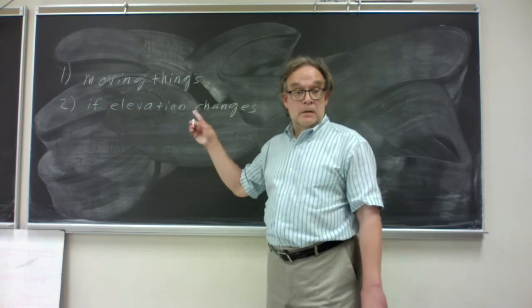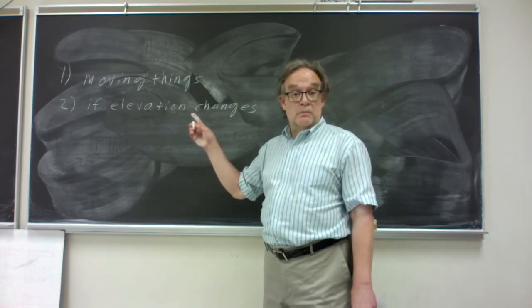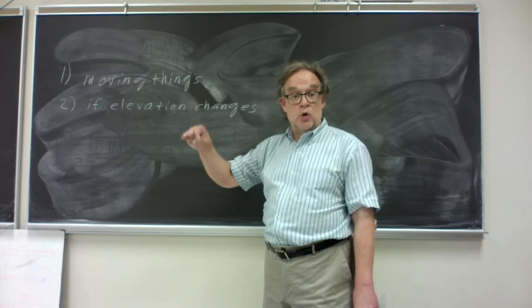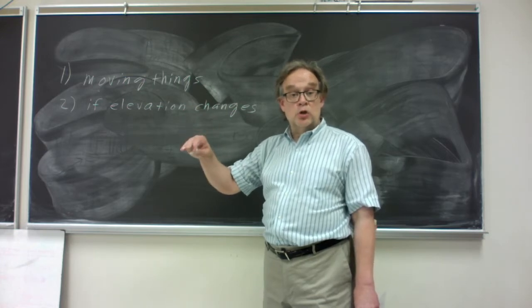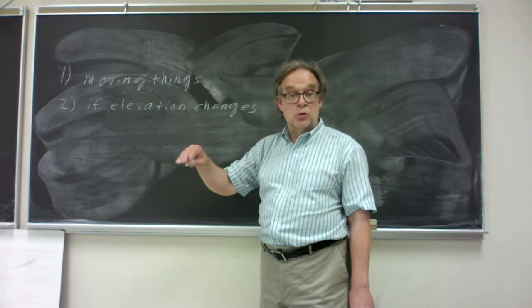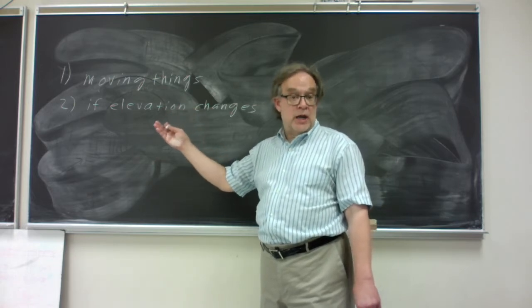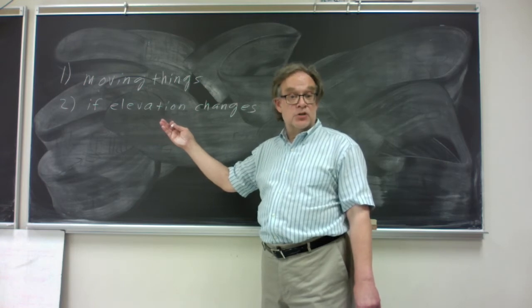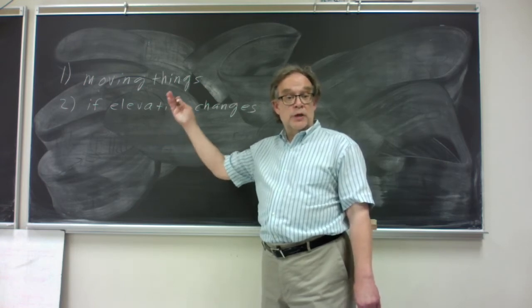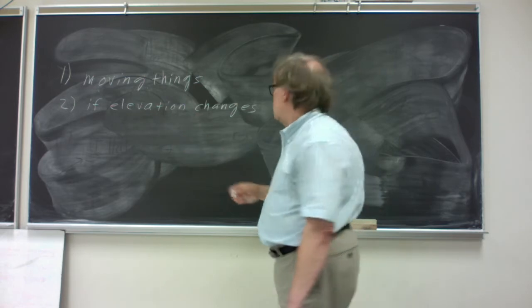If we want to include gravitational potential energy as part of the system's total energy, we have to include both things that share in it. So we include not only the moving thing, but the Earth.